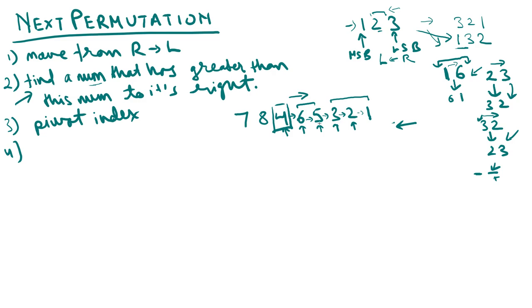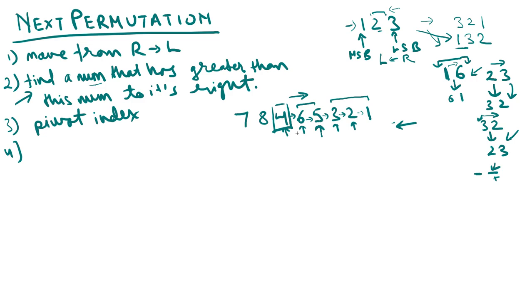Now I am interested in finding the minimum number to the right of 4 which is also greater than 4. 6 is to the right of 4 and it is greater than 4, but then there is also 5 which is to the right and greater than 4, and after that there is 3 which is less than 4. So I am interested in 5, because it is the minimum number which is to the right of 4 and it is also greater than 4.